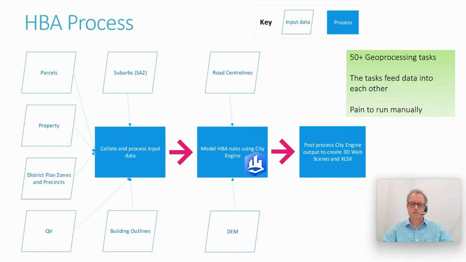There's about 50 odd geoprocessing tasks that we used ArcGIS Pro to transform the input data into data that can be passed into City Engine, which is the second step. Then we did modeling of the HBA rules in City Engine to generate the 3D models. And the third step was post-processing, also in ArcGIS Pro, of the City Engine output to create 3D web scenes and spreadsheets as well.